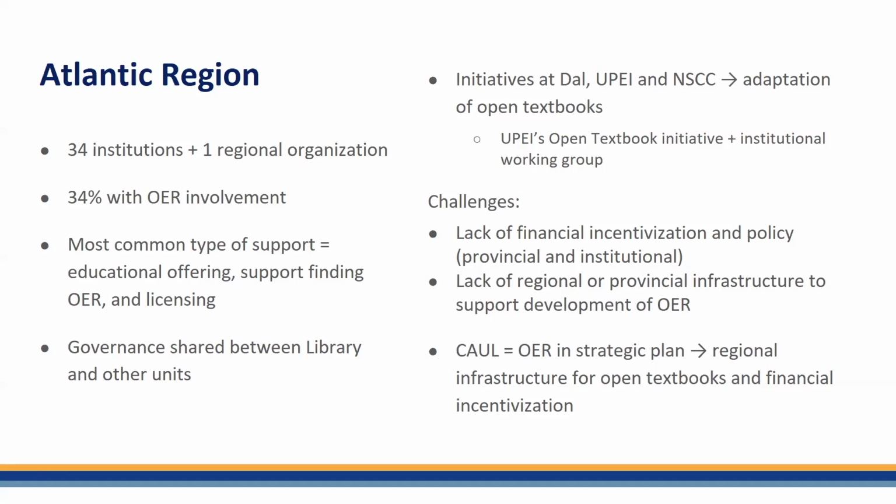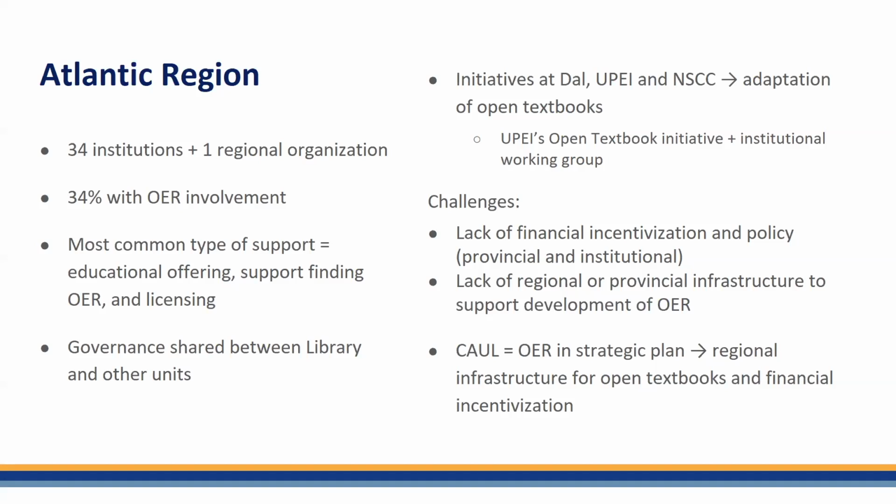Some of the challenges that are listed here are also challenges that are found in some other regions. But in this case, what was noticed was there was a lack of financial incentivization, although there are definitely movements to change that. And also a lack of policy, especially at the provincial and institutional level. But also a lack of regional and provincial infrastructure to support the development of OER.